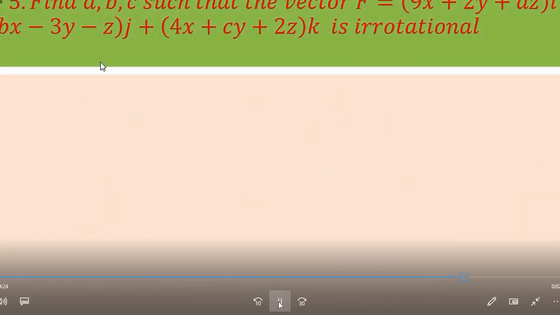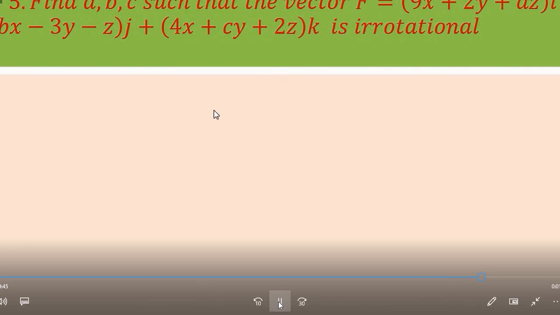So let us solve another problem of finding the constants a, b, c given in the vector. Vector f is equal to (9x plus 2y plus az) into i plus (bx minus 3y minus z) into j plus (4x plus cy plus 2z) into k, is irrotational.